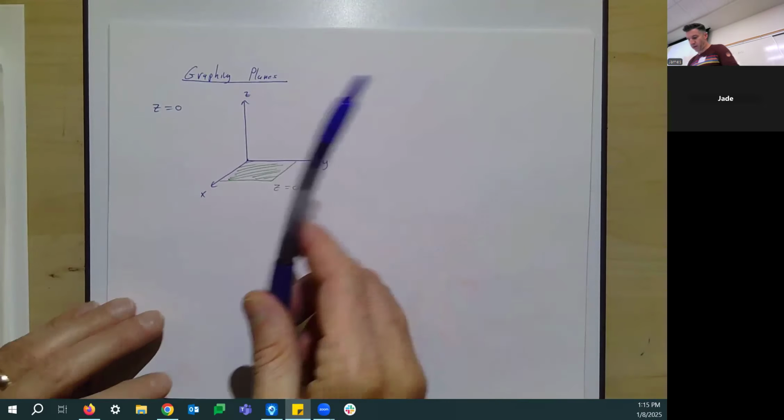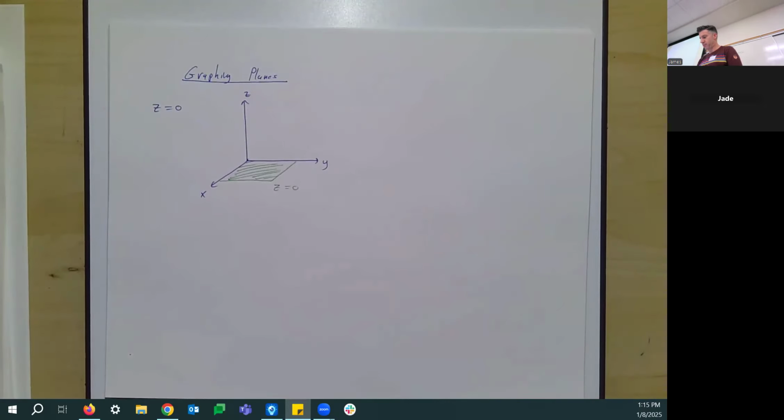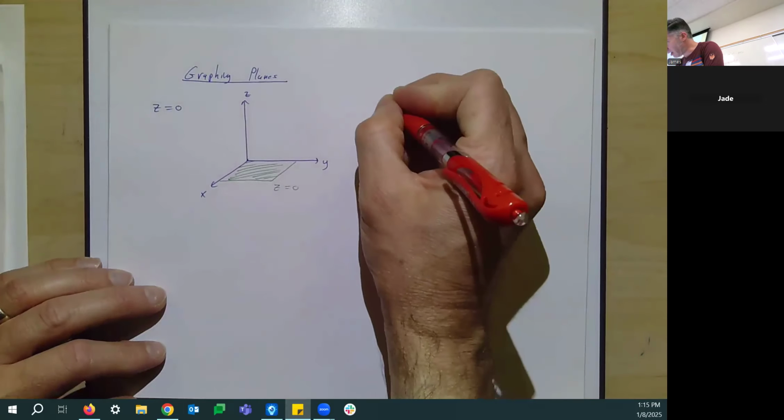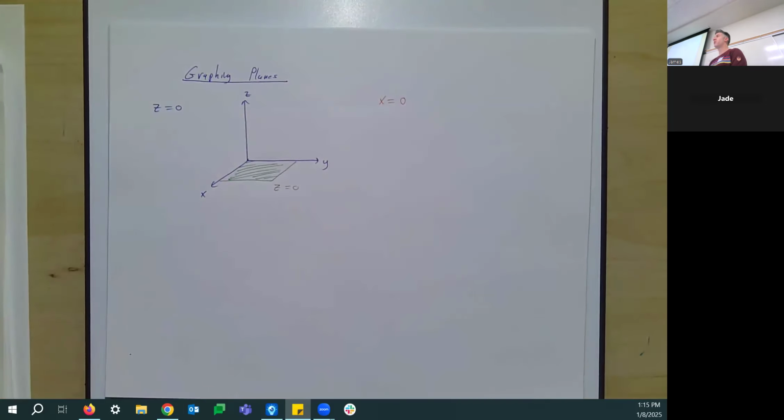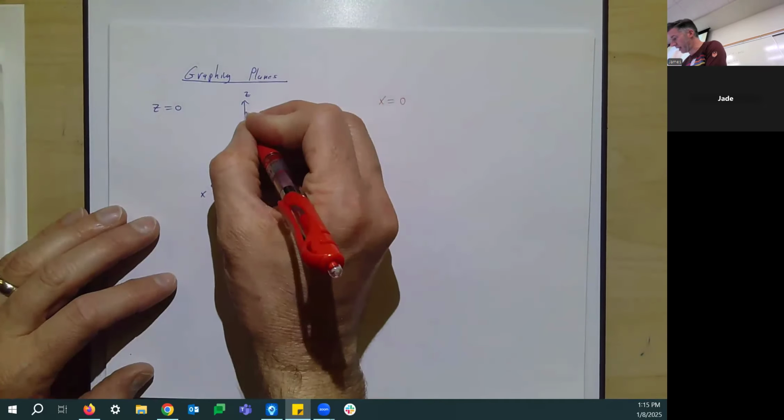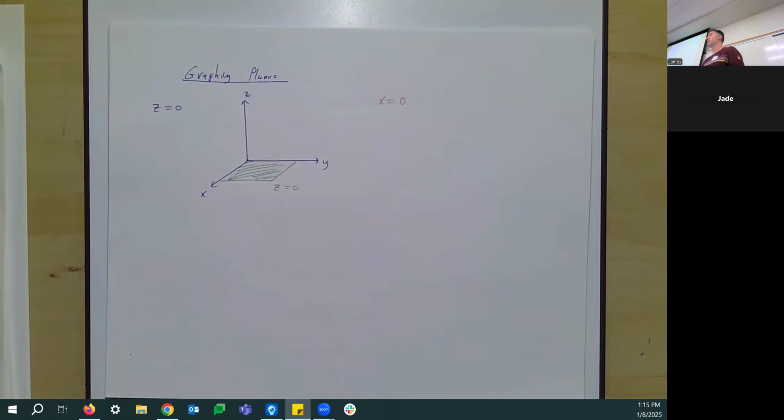On the other hand, if I wanted to graph, say, x equal to 0, then I can't move forwards or backwards, but I have freedom of movement in the up, down, and left, right directions. Again, I'm only graphing a part of the plane because it's infinite.